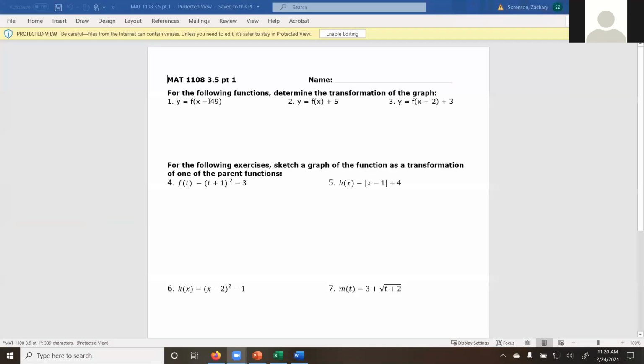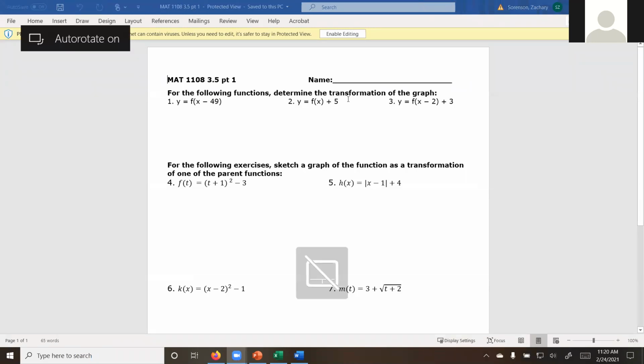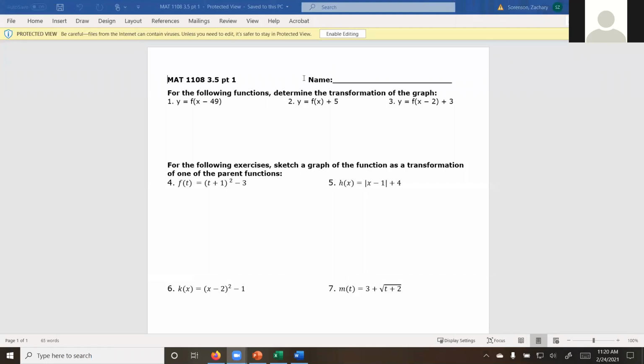Okay, so this is what I started with. We don't have to actually start with a specific function. These are very general. We did the absolute value graph as the parent function, so we know what the key points of this are before my transformations.